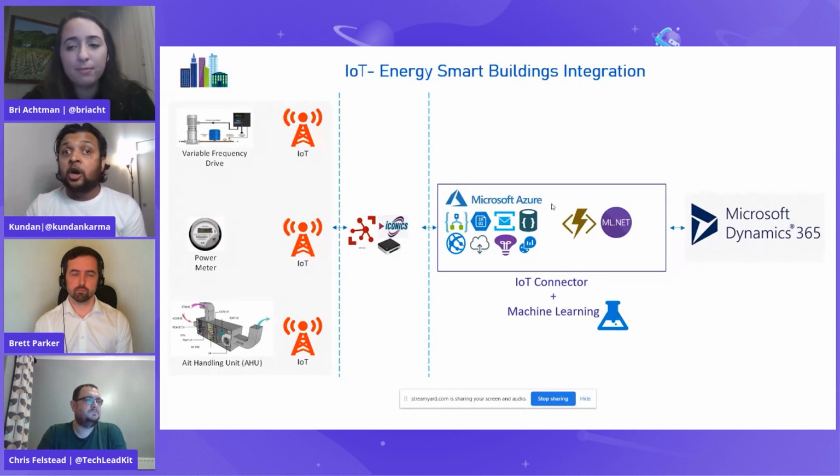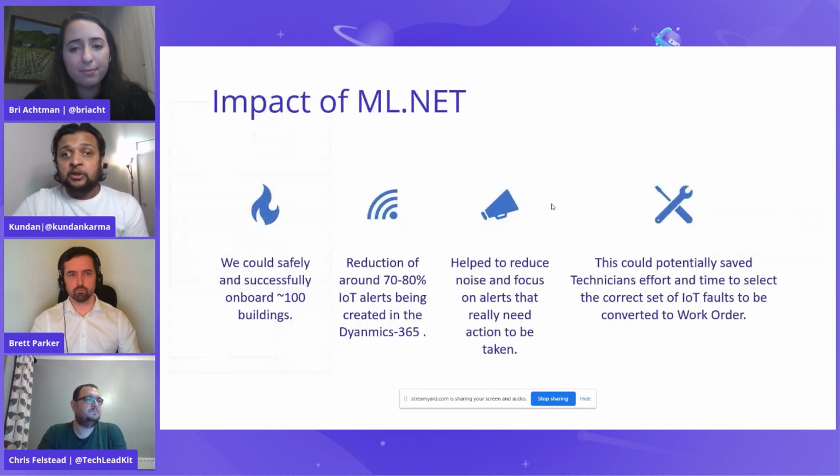If it should, it converts it into a work order and IoT alert in Dynamics 365, or otherwise keeps it in the Cosmos DB database. Then it is very easy for the technician to review it in Dynamics 365 and convert it into a work order. Let me tell you the impacts ML.NET brought to us.